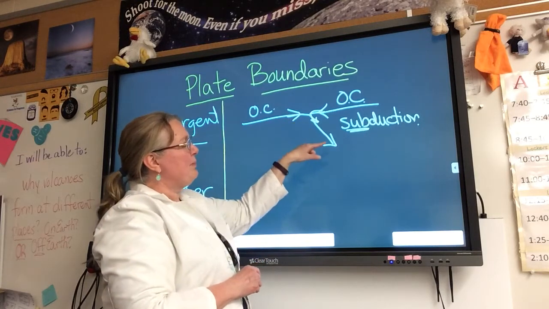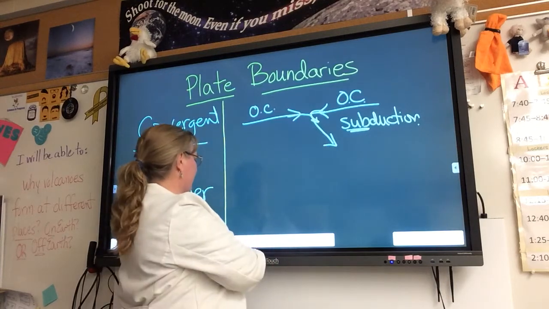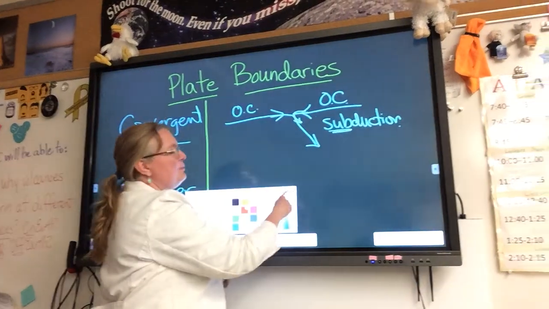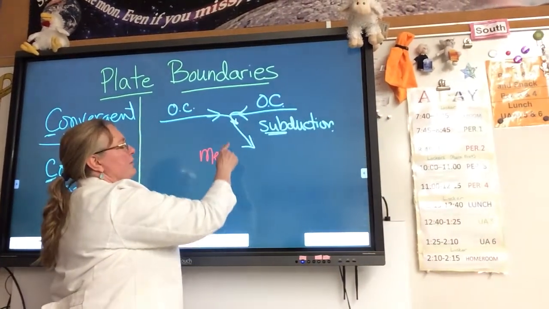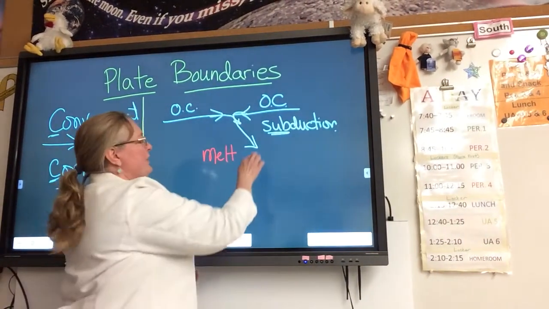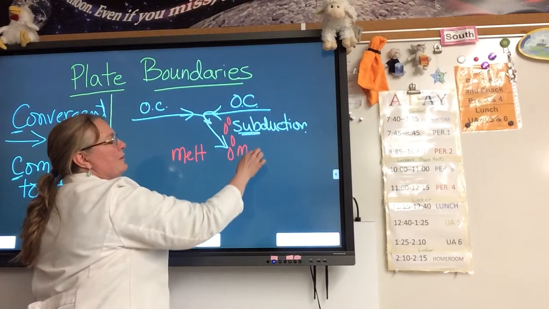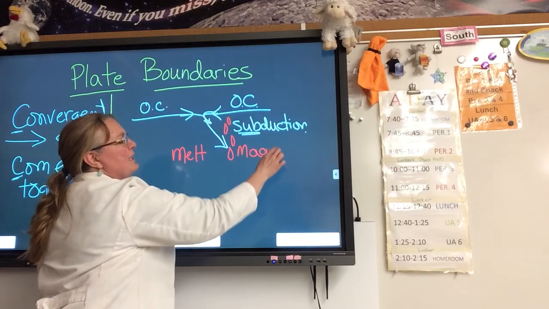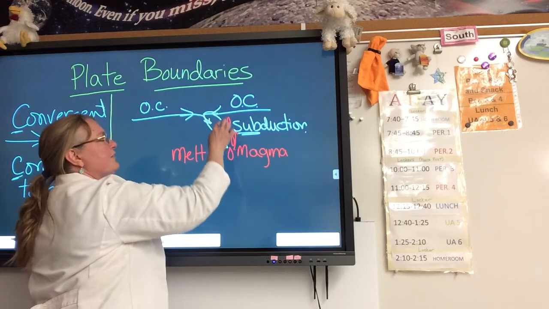When the subduction happens, it's going to sink down, it's going to move into the mantle, and when that crust moves into the mantle, it's going to begin to melt. When it melts, it's going to make magma. And that magma is going to be less dense, so it's going to want to rise to the surface.